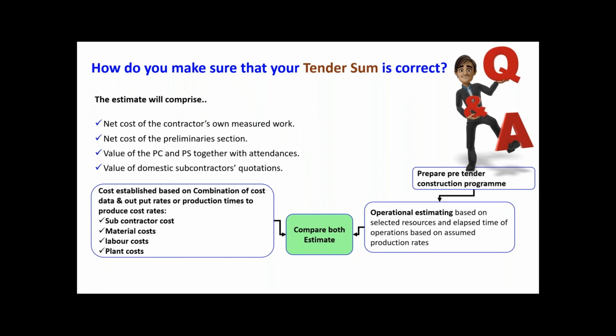So this is how you make sure the operational estimate and the estimator's estimate are matching. If that is okay, then that is the total cost, actual cost, direct cost. You understood how it works now. Is it clear for all of you?